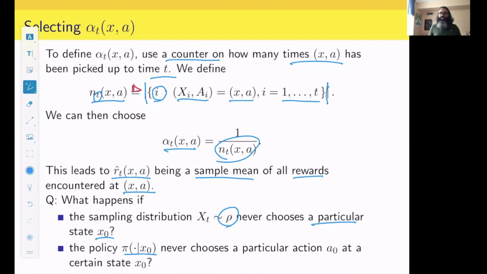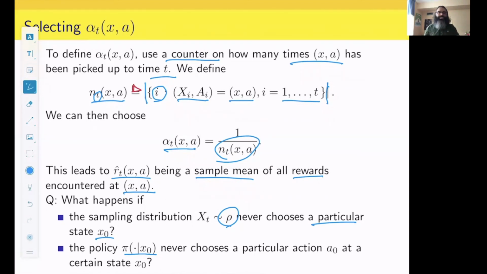Okay, so what happens if, for example, the sampling distribution doesn't choose some particular state, or the policy doesn't choose some particular action? I'll try to give a quick answer now, and then in a few slides we'll talk about it a bit more.